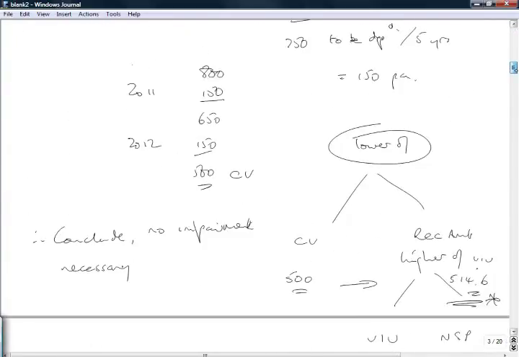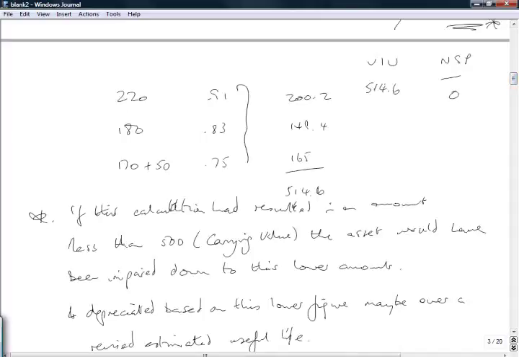What he's actually given us are the figures to work on. If we had worked on it accurately, well, there's no point in actually doing this.